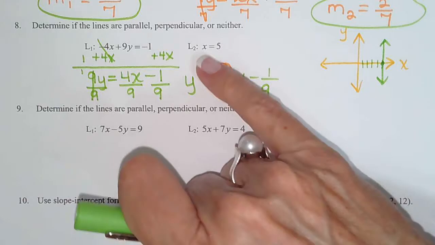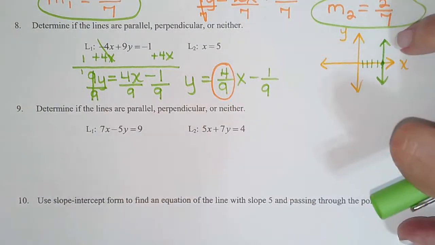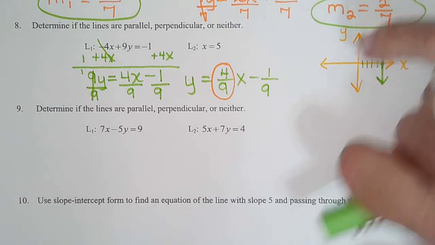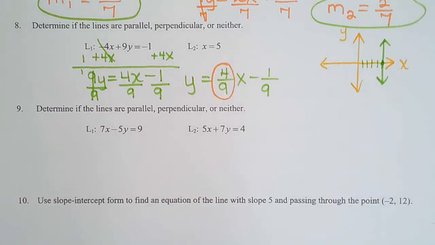So this means it only passes through the x-axis, and it passes through at 5. See how it never touches the y-axis? It doesn't have a y variable, so it only goes through the x-axis. That means it's vertical. So that's the first tricky part, is understanding that it's vertical.